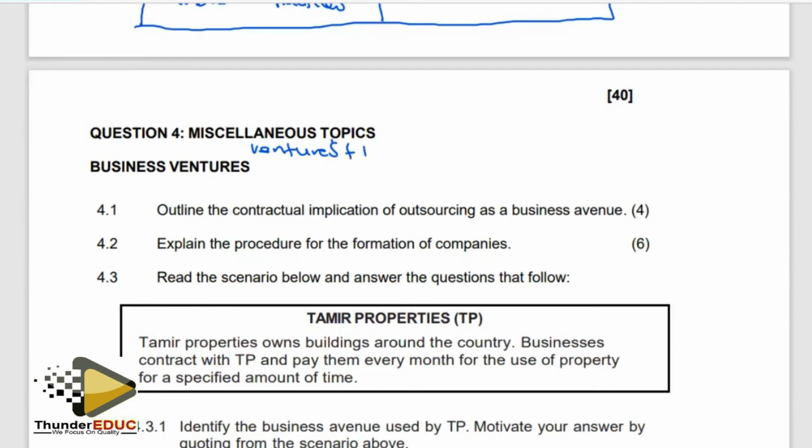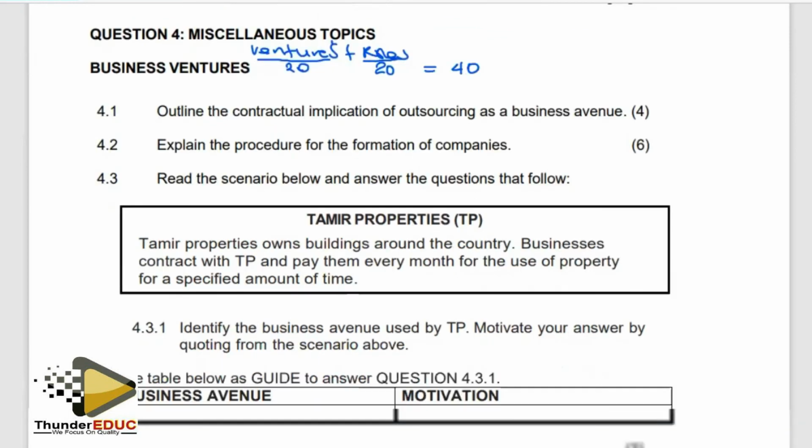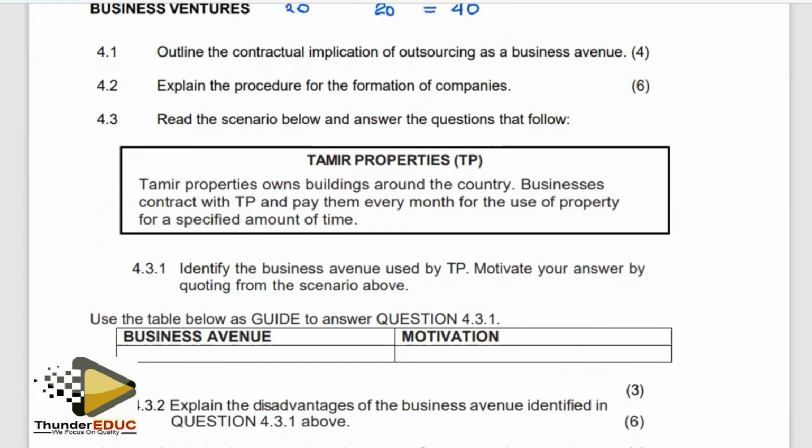Business ventures will give us questions which will give us 20 marks, and business roles will give us questions that will give us a total mark of 20, and both of them added together will give us 40 marks. Let's start one by one.